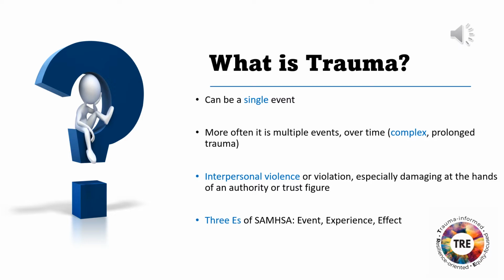The Substance Abuse and Mental Health Services Administration, or SAMHSA, talks about trauma through the 3 E's: events, experiences, and effects. This can be helpful because it's often easy to remember. The event, again, can be a single event or multiple events.